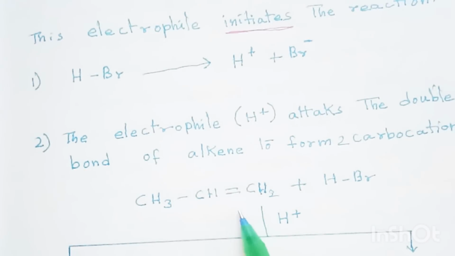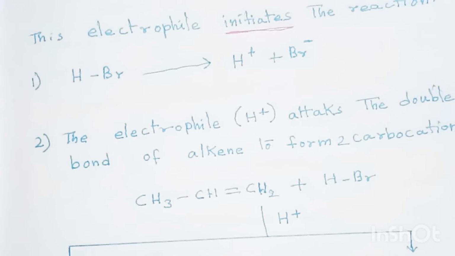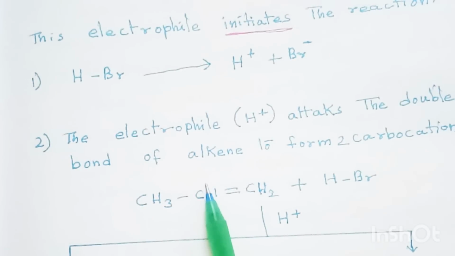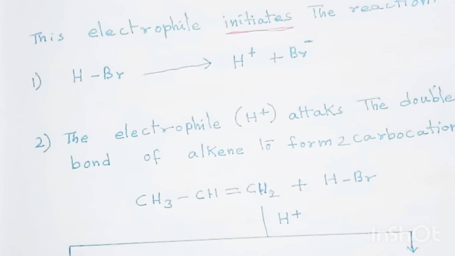The H plus ion can get attached to this carbon atom or to this carbon atom. If it gets attached to this carbon atom, we get CH3, CH2, CH2.